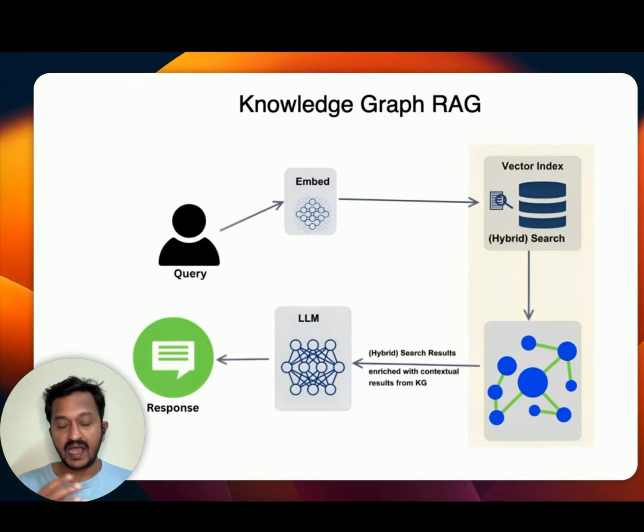So now we have more context, and the answer that the user gets is more accurate and more enhanced. That's how we can feed a knowledge graph into our RAG application and enhance it.